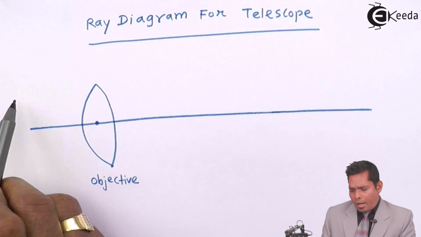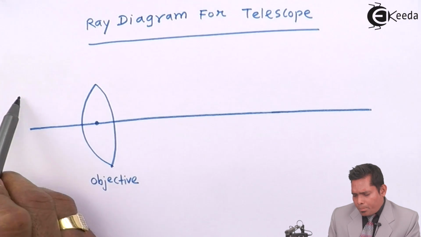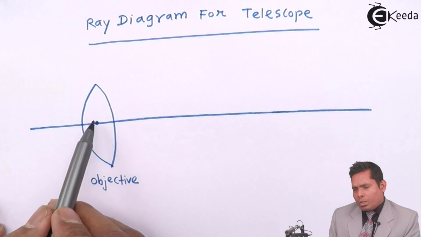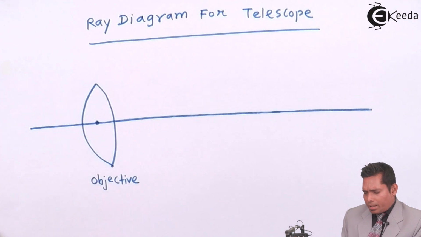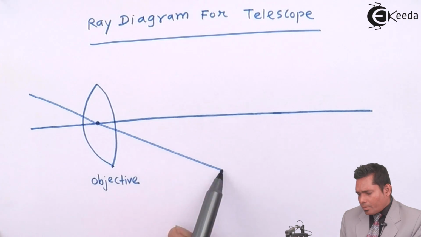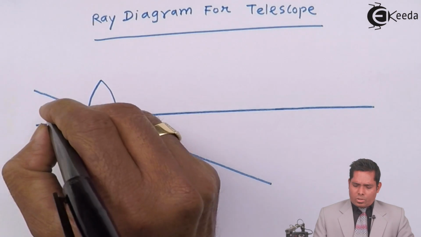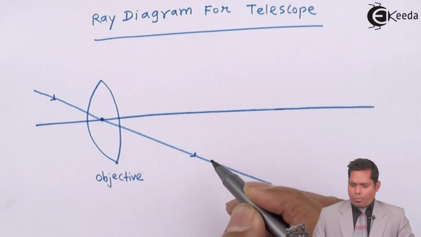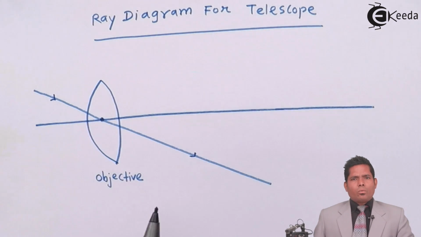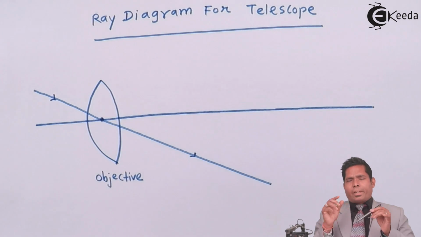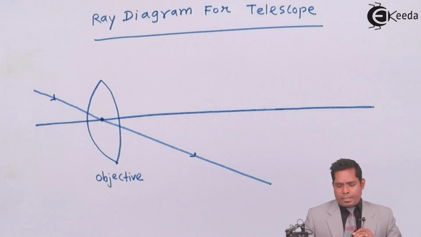And the ray which is coming passing through the optical center will go undeviated, something like that. Now this ray will go straight without making any deviation, because this is optical center, so ray must go undeviated.